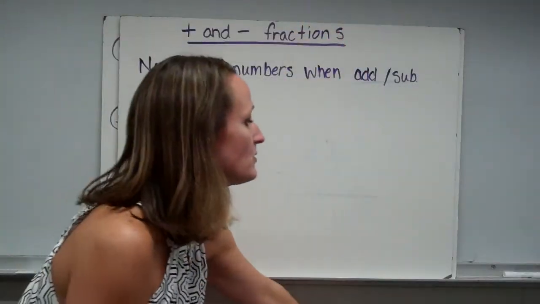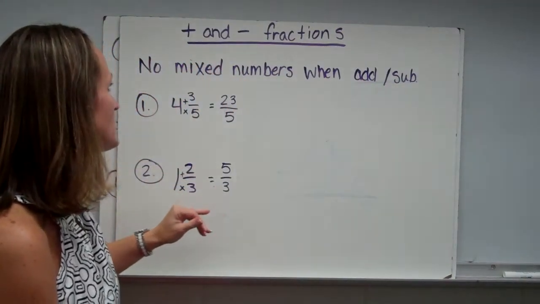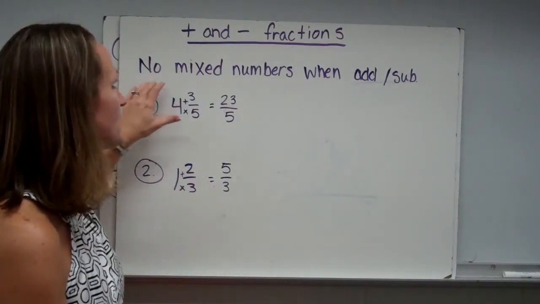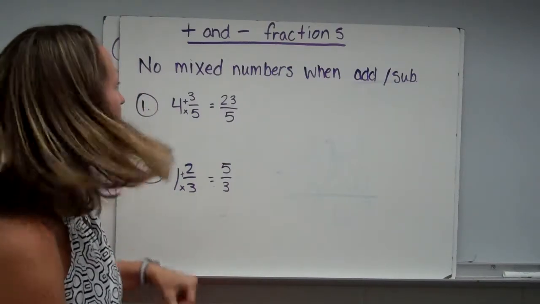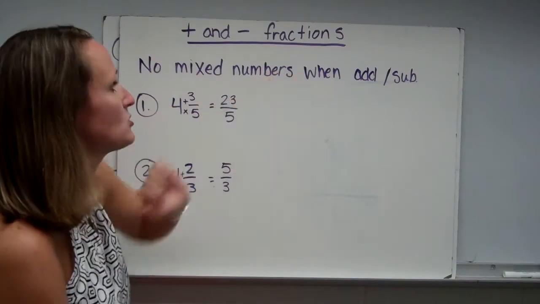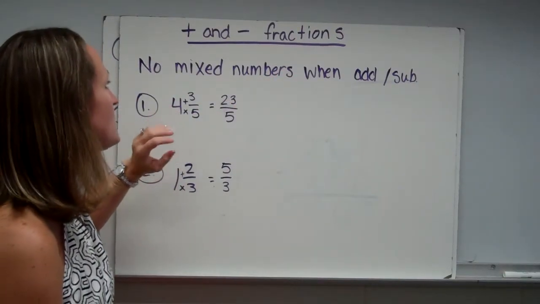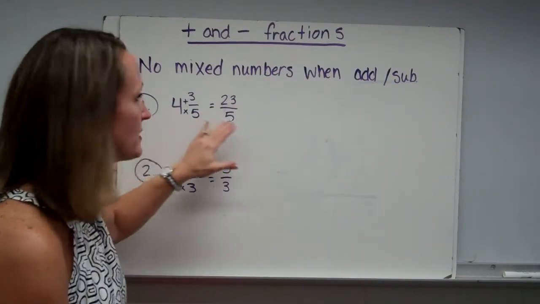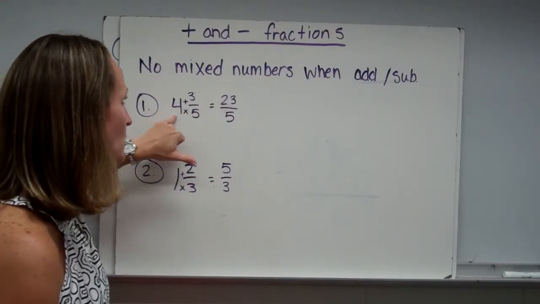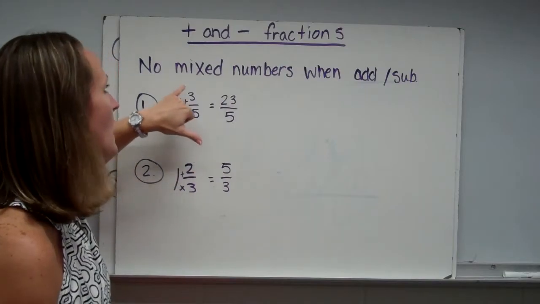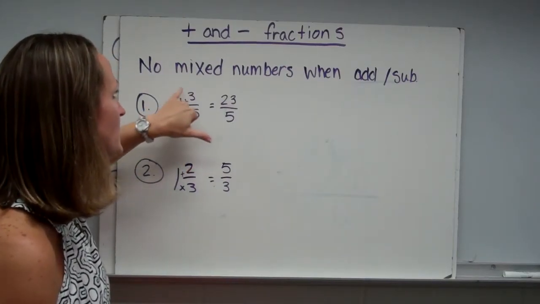Alright, also when you're dealing with fractions, if we're adding or subtracting, we want to take the mixed numbers out to make this easier, especially while we're dealing with integers and you're getting used to this. So no mixed numbers when we're adding or subtracting. Let's remember, to convert a mixed number into an improper fraction, you take the bottom number, or your denominator, multiply it by your whole number, excuse me, and add your numerator.